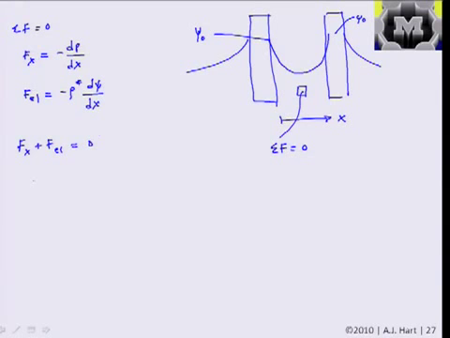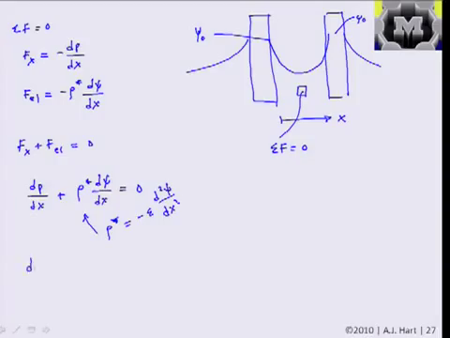And therefore, we have that the pressure gradient plus our expression for the electric field force is equal to 0. And we can now plug in our one-dimensional Poisson's equation, which just introduces some more derivatives of the potential.